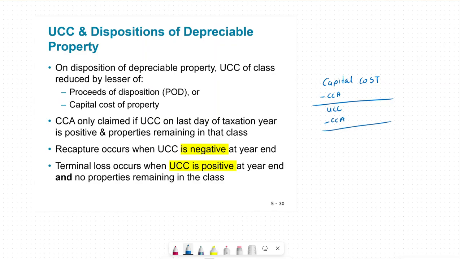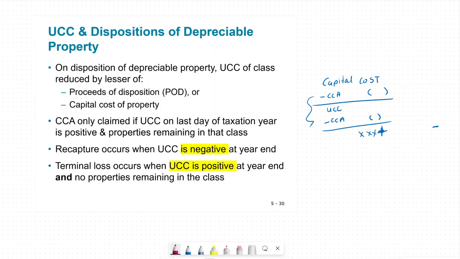You keep doing it every year. Now, when you sell an asset, you could have a positive number or a negative number in your UCC after selling the asset.